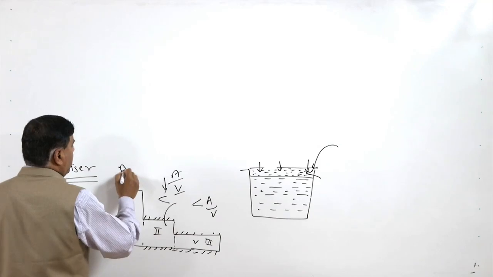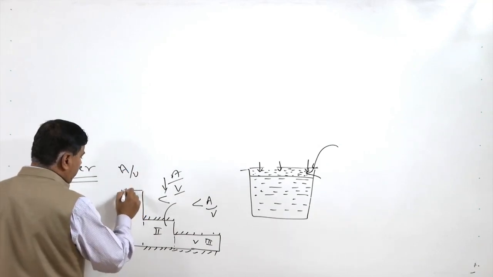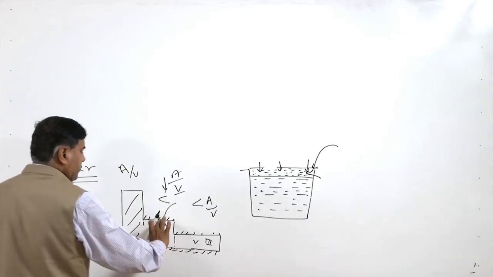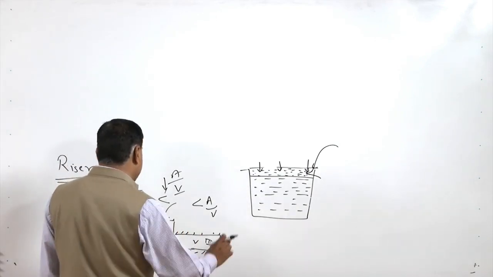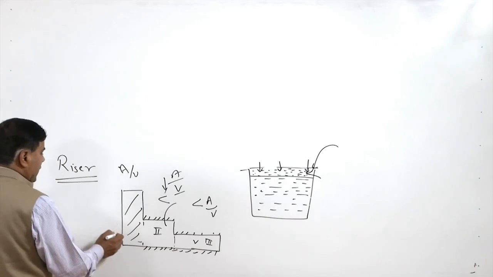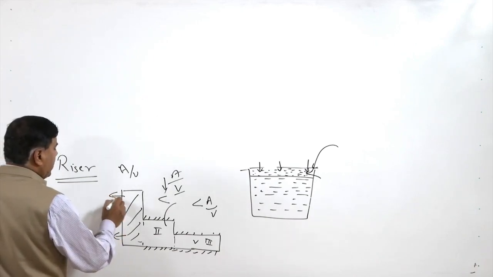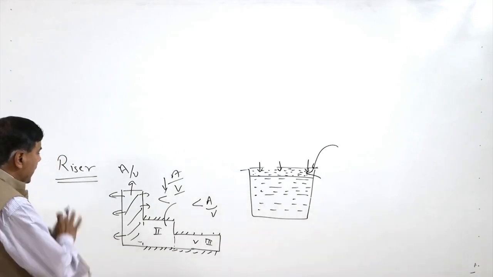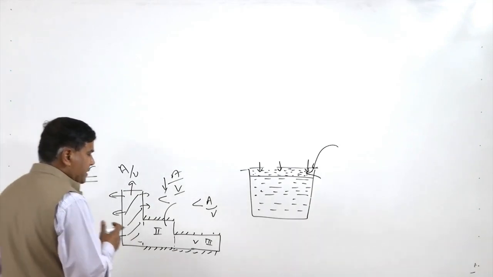So, the area to volume ratio differs with the thickness: here much greater thickness, somewhat lesser thickness, and further lesser thickness. It is the area which will be governing the heat transfer from the molten metal. So, if the area is more, heat transfer will be faster.